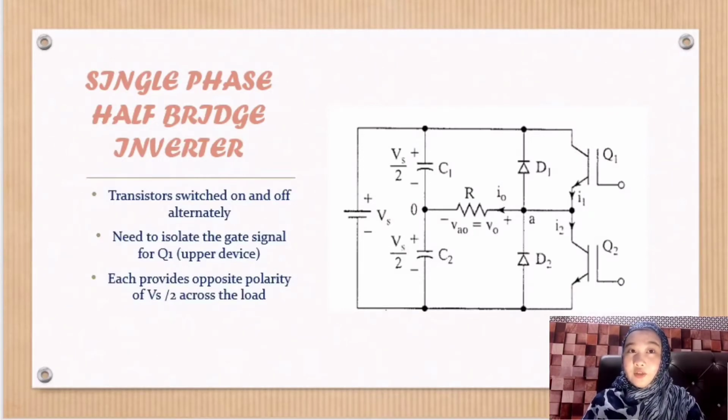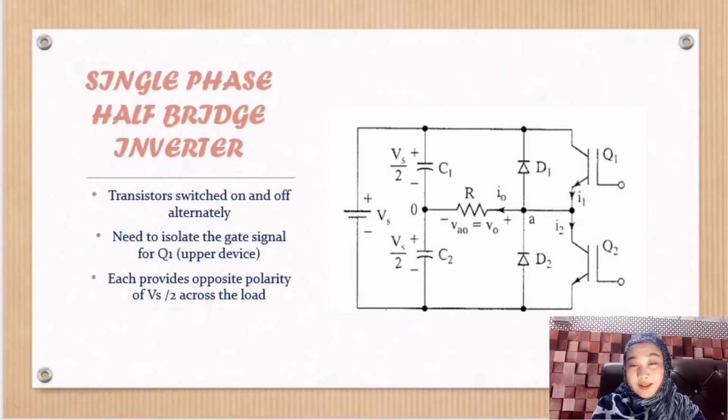Then draw the diode and transistor symbols, and list them all in the circuit diagram. Last, we put the load from the end of the capacitor to the end of the transistor. That finishes drawing and labelling the circuit diagram of the single-phase half bridge inverter.